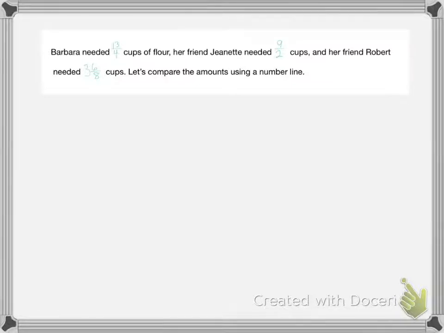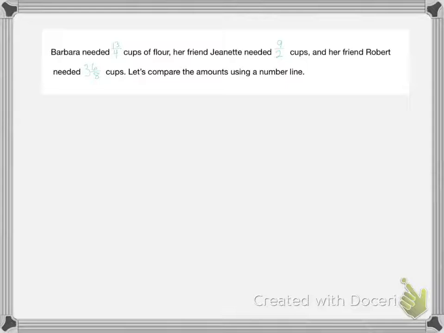So the first thing you'll notice is that we have two fractions that are greater than 1, and we can tell because 13 is greater than 4, Barbara, and then Jeanette, she needs 9/2 cups, and 9 is greater than 2.